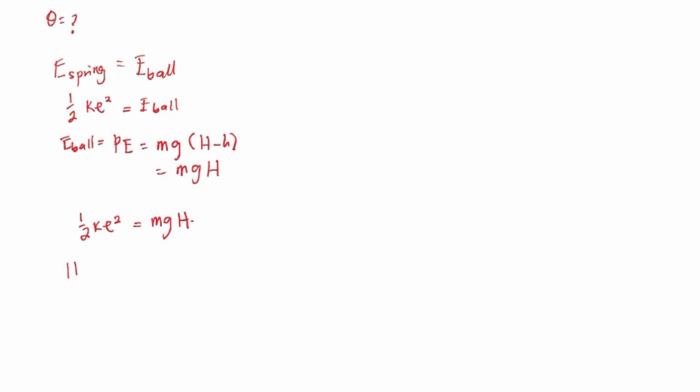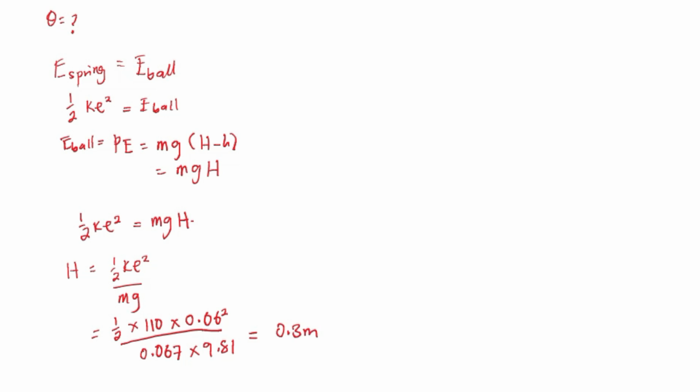Now let's find the final height, or the maximum height the ball will reach, which is half ke squared over mg. So this is half times 110 times 0.06 squared, all divided by 0.067 multiplied by 9.81. So this equals 0.3 meters.